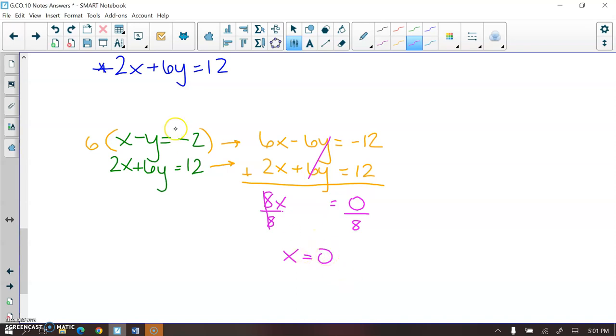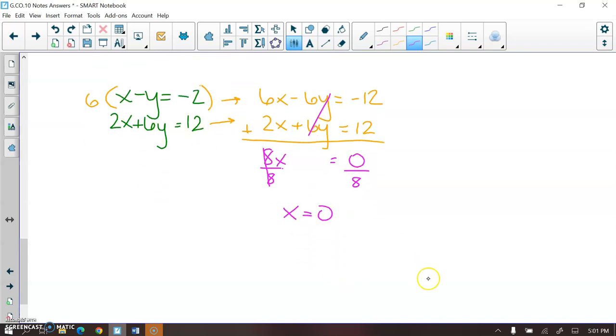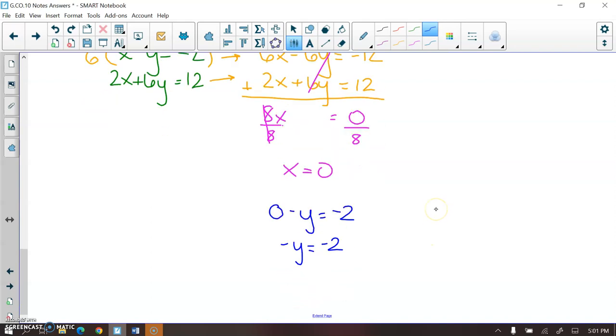So now I'm going to take this 0, I'm going to put it in for one of these original equations. It does not matter which one. I'm going to do the top one. A 0 minus a y is a -y. And then I'm going to divide by -1 on both sides to get y is 2.